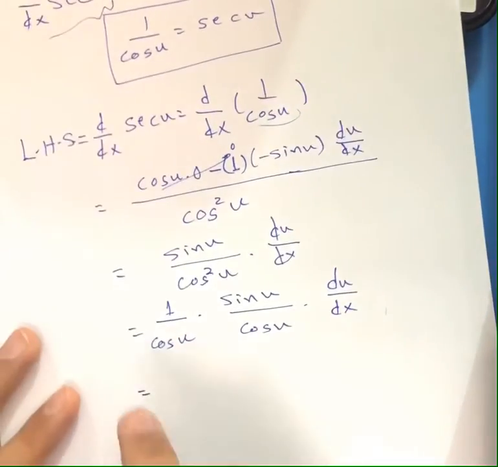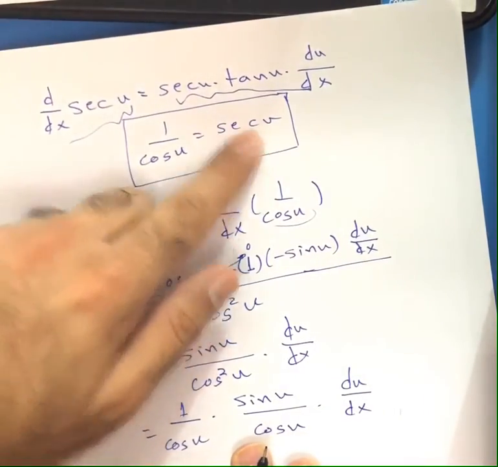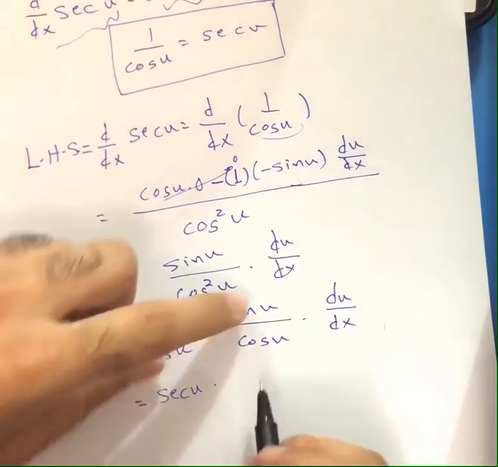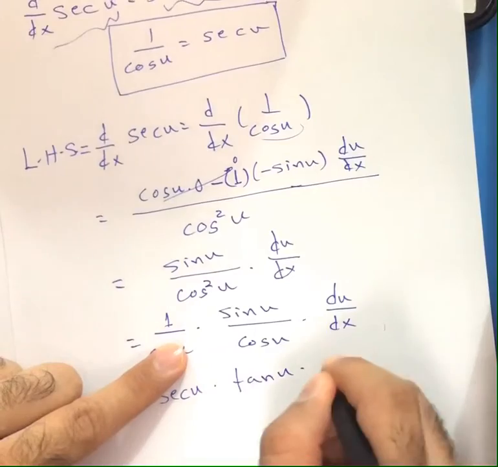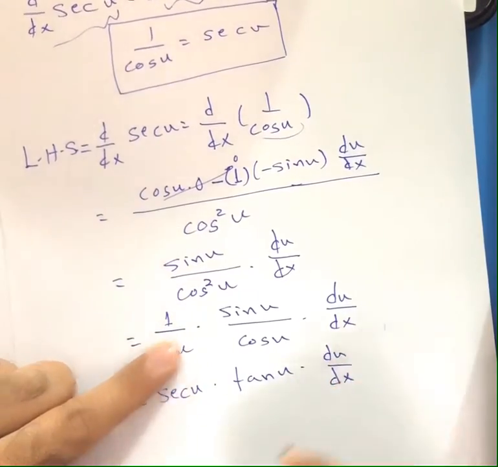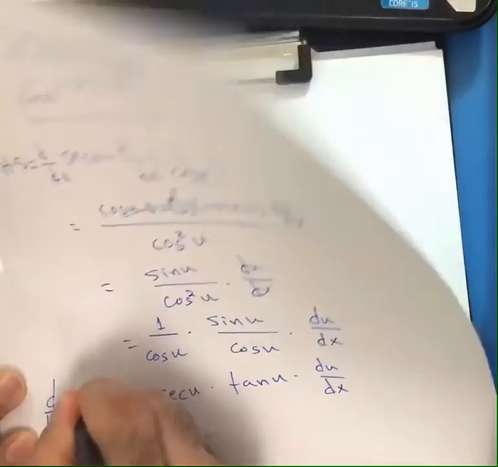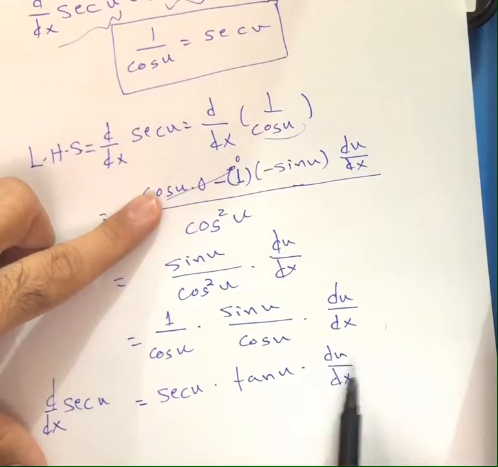Now 1 over cosine u, as I mentioned before, is nothing but sec u, so I will write sec u. And sine u divided by cosine u is tan u, multiplied by du by dx. In this way we prove that d by dx for sec u is equal to sec u tan u multiplied by du by dx.